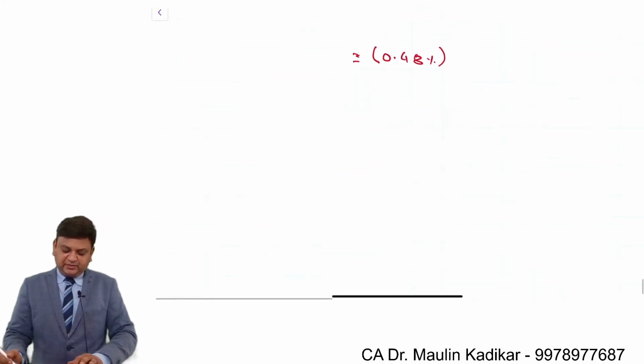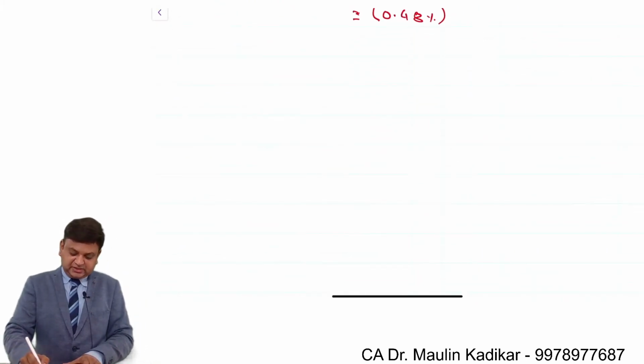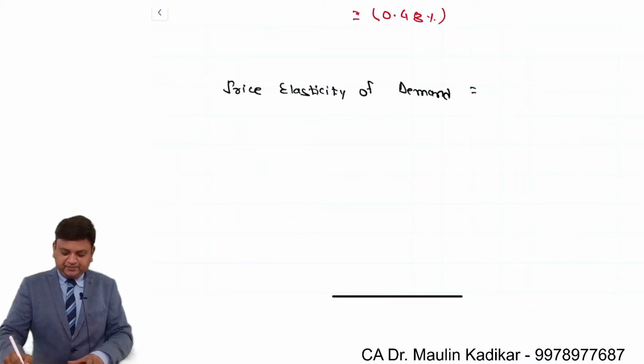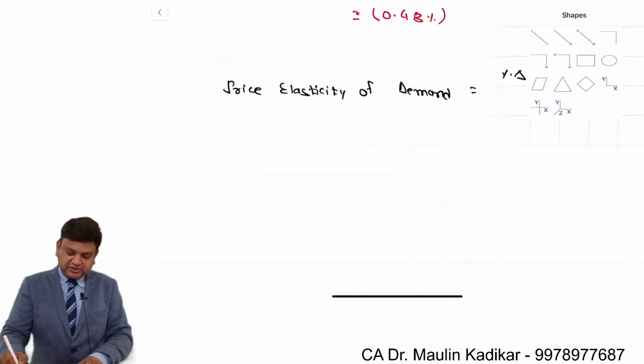This is one of the points that we have studied in economics, that is price elasticity of demand. It measures what would be the percentage change in demand with percentage change in price.